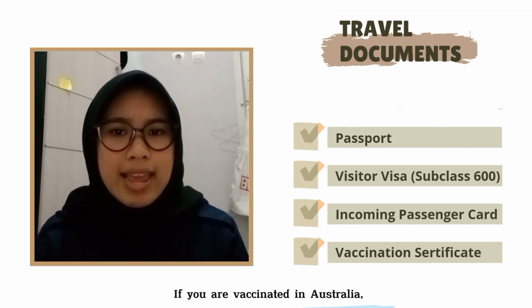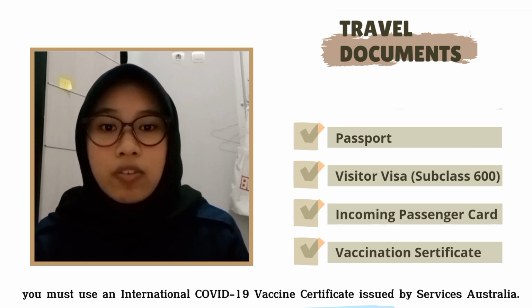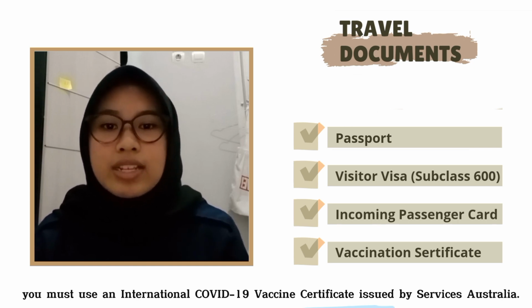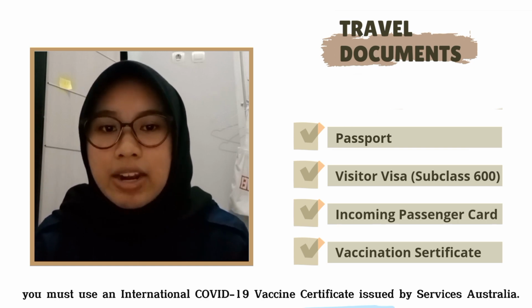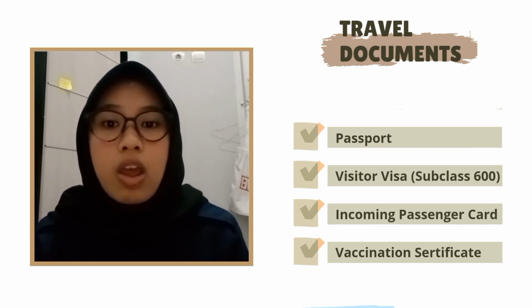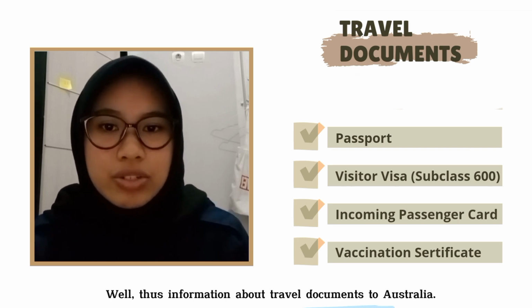If you are vaccinated in Australia, you must use an international COVID-19 vaccine certificate or ICVC issued by Services Australia. Well, that is the information about travel documents to Australia.